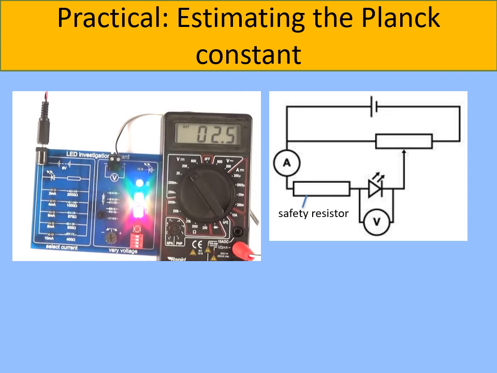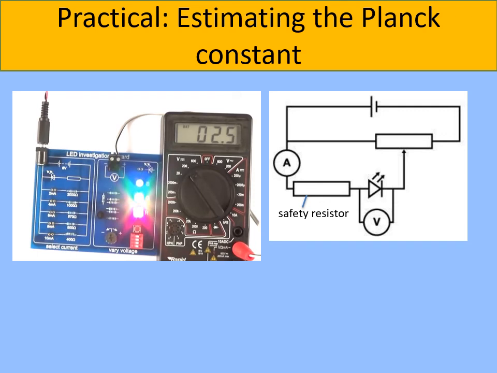Now the values of e and c, which are the charge on the electron and the speed of light respectively, are already known to us. So we just need to measure the voltage across the LED when it begins to conduct, and that's its threshold voltage. It is found using the circuit diagram shown.